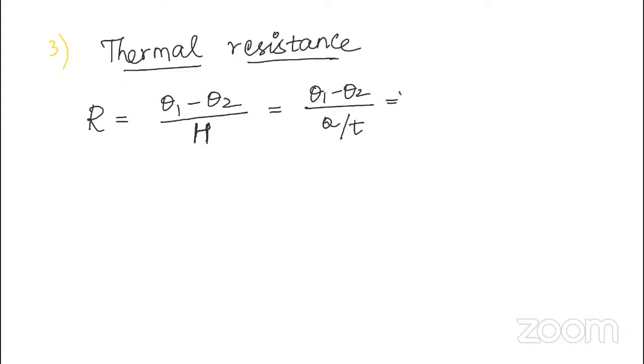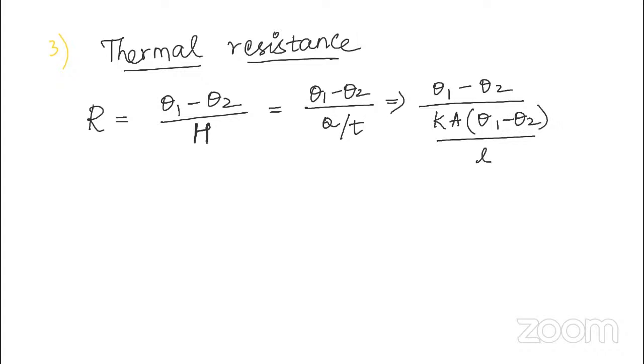So we know the value for Q by T. Here theta 1 minus theta 2 divided by Q by T க்கு நம்ம இப்பதான் ஃபார்முலா பார்த்தோம் என்னது K into A into theta 1 minus theta 2 divided by L.